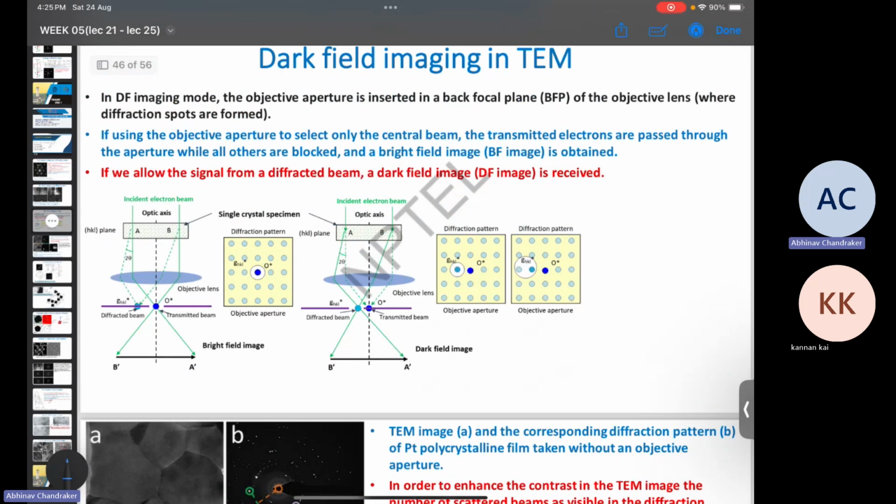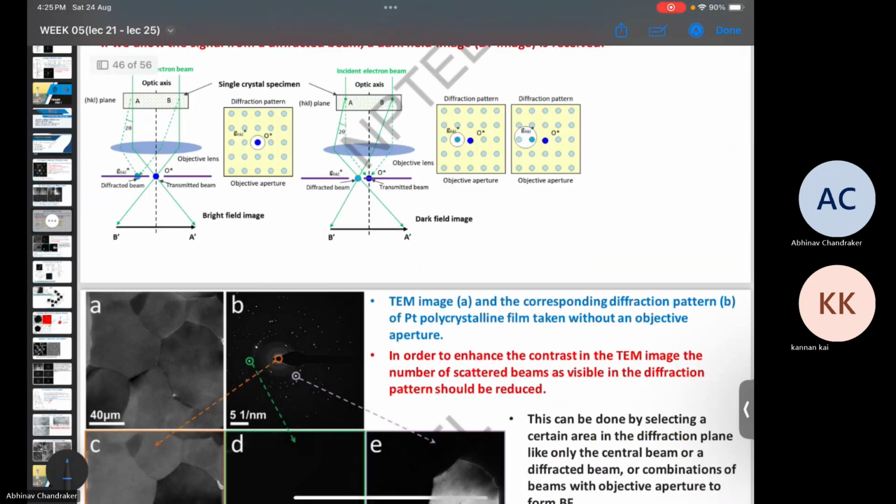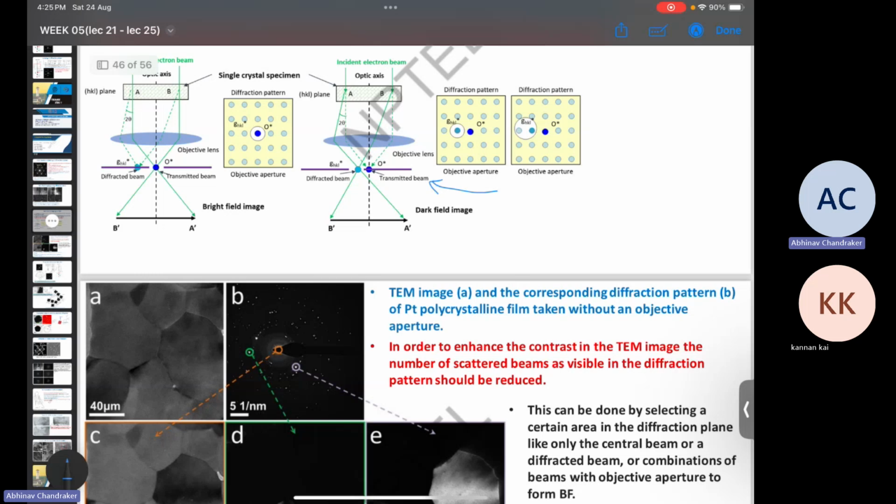So that is the major difference when it comes to understanding the difference between the image formed by bright field and dark field. And for doing this, we use an aperture which is kept in the back focal plane of the lens, and it's called an objective aperture because this is kept just below the objective lens in the back focal plane of the objective lens.